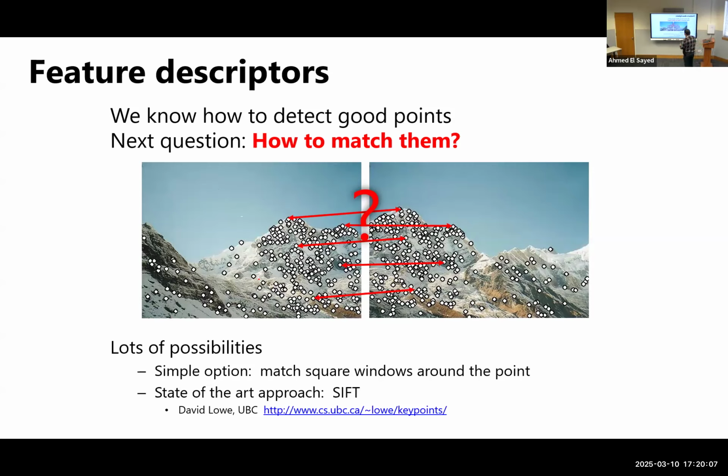They searched several possibilities to do that. Two very well-known techniques have been introduced and are used, by the way, until the moment for some research. One of them is called the matched square window technique, and the other one is called SIFT. This one is based on the corners. This one is based on the blobs.